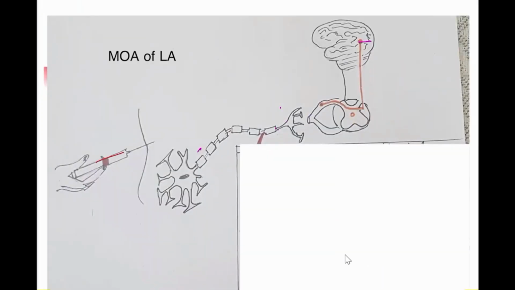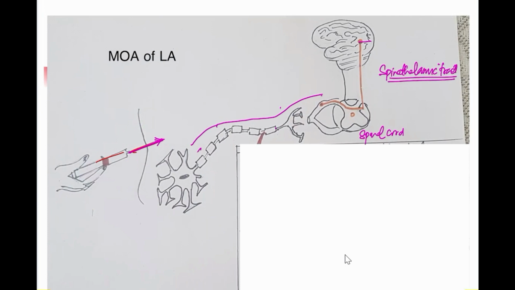Suppose we are giving a prick to a person. You can see here a needle, we are giving a prick to a person. Then what will happen with this prick? It is going to carry this sensation through the nerve to the spinal cord, and all of you know which tract is going to carry the pain, that is the spinothalamic tract.